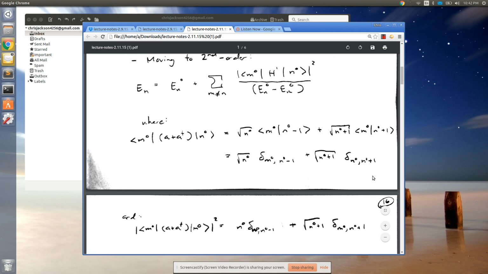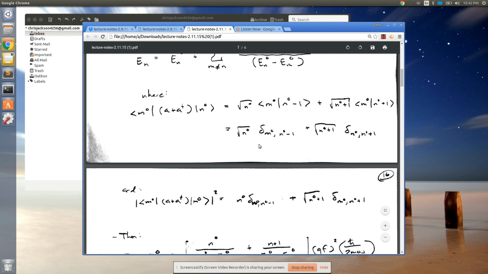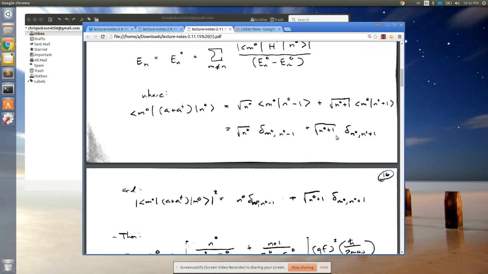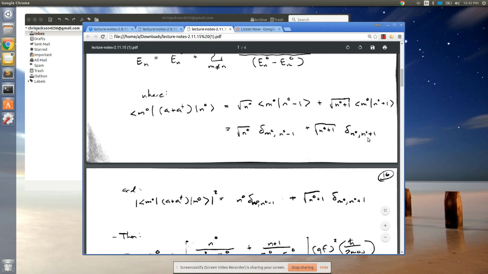The nice thing is that we have this matrix element, and the next thing we have to do is square it. You can convince yourself that when you square this, only this term squared and this term squared are going to be the non-vanishing ones, because when you multiply these two together, it gives a delta function in N naught minus 1 and N naught plus 1.